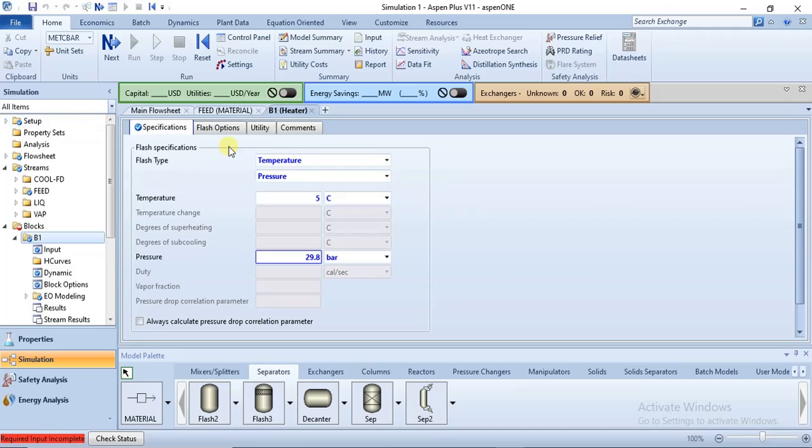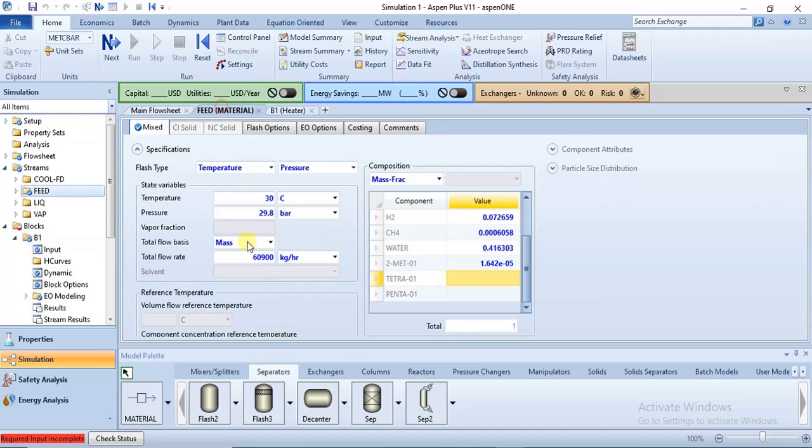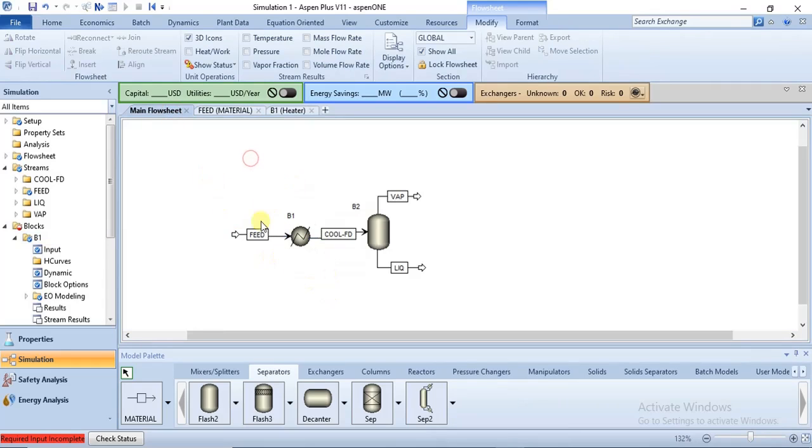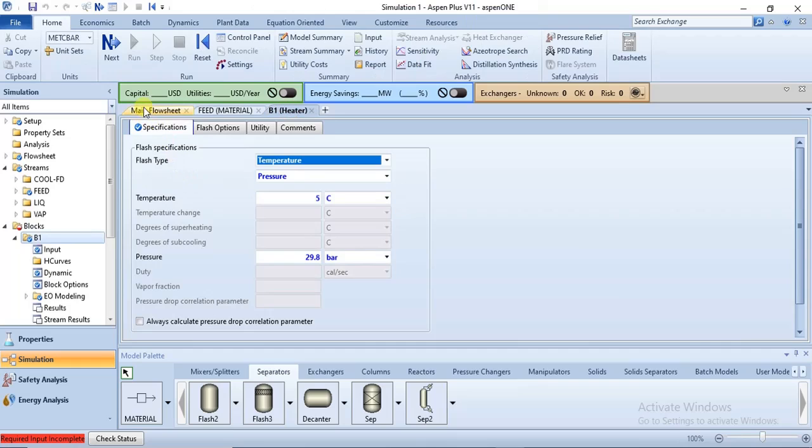As you can see, the pressure of the inlet is 29.8 bar, so the pressure of this cooler will also be 29.8 bar. Then for the separator, we have specified our feed and then the cooler. They are fully specified. You have the blue tick.